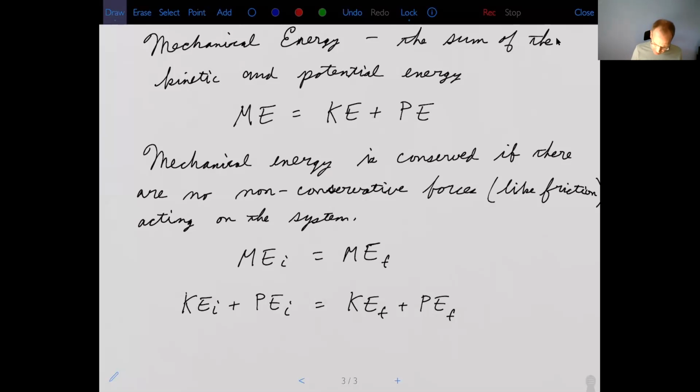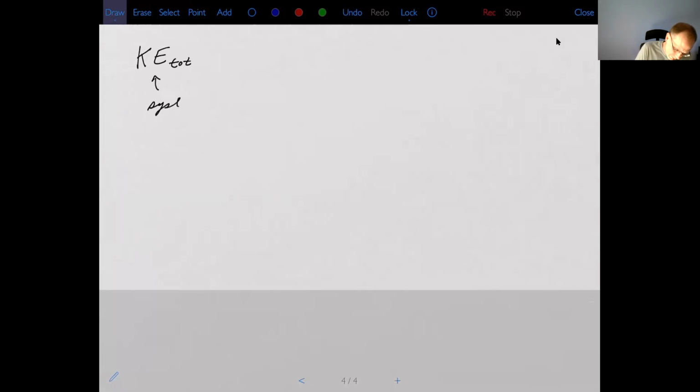Another thing I should also mention here is that if you have a system of multiple objects, then you could say that the total kinetic energy of the system, call it KE total for the system, is equal to the sum of the kinetic energies of each object in the system.